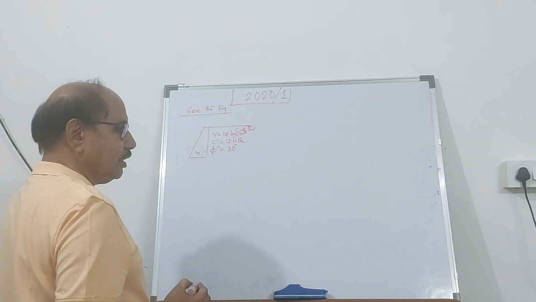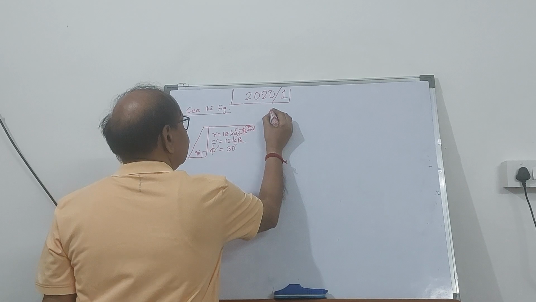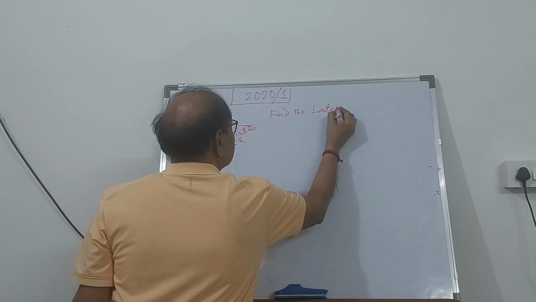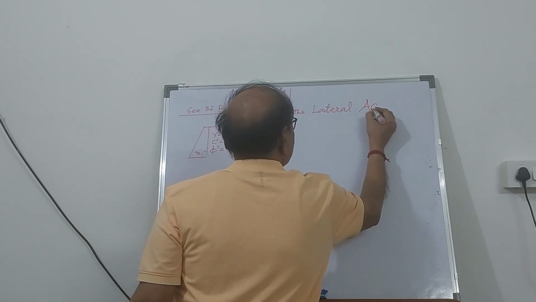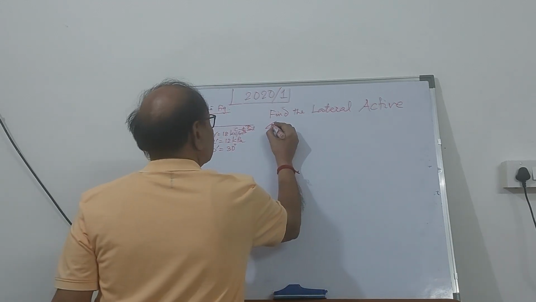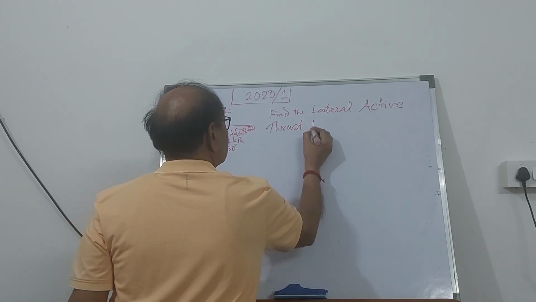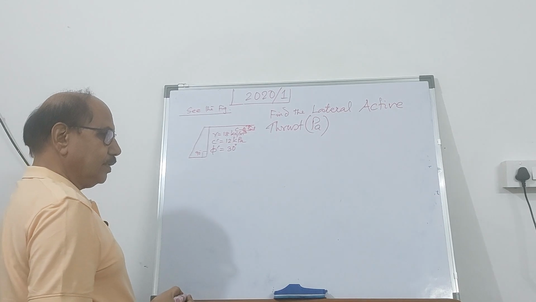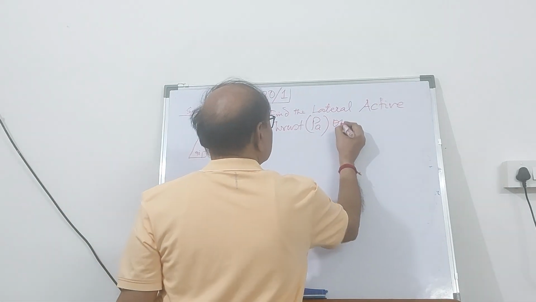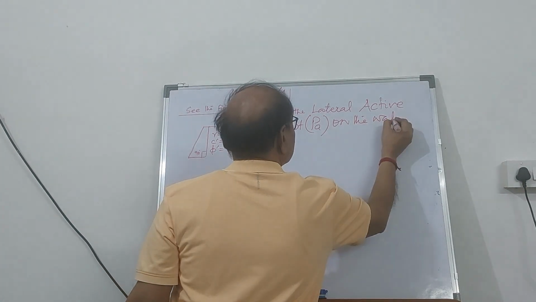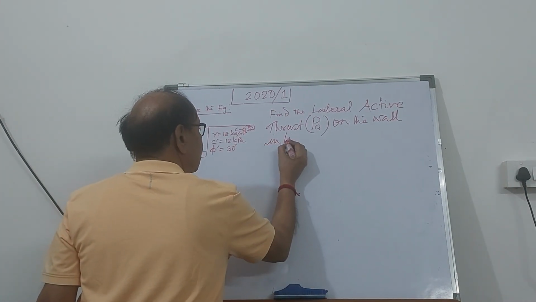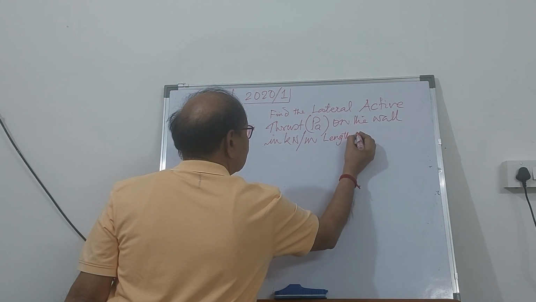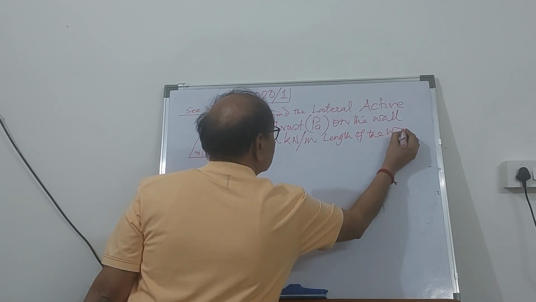And you need to find out the lateral active thrust, that is PA, on the wall in kilonewton per meter length of the retaining wall.